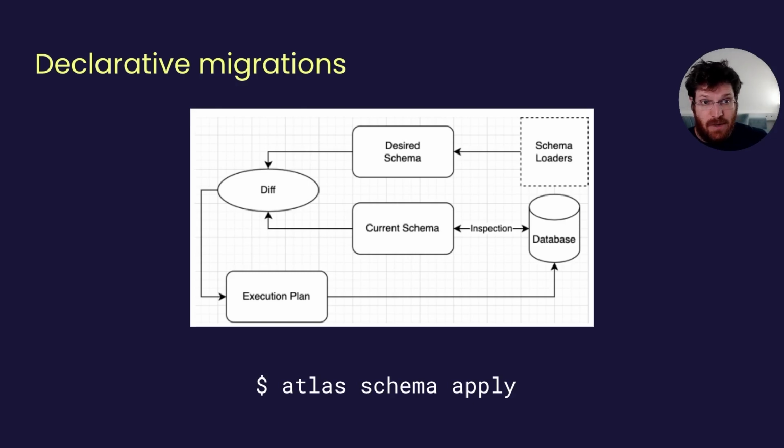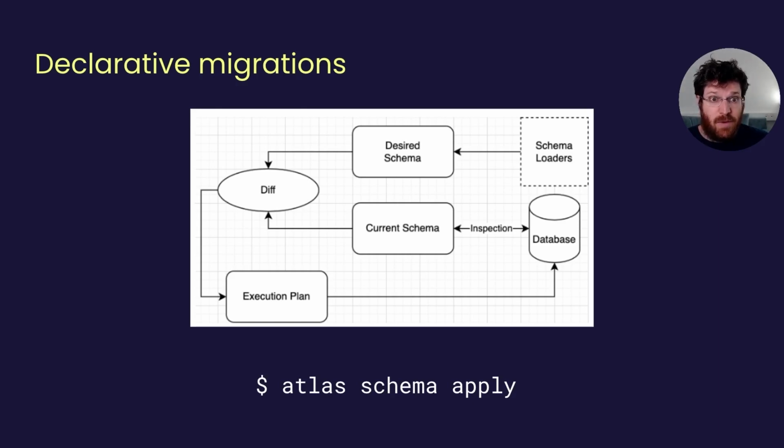It can be a connection to a running database that already has your desired schema. It can be a SQL file like we've shown, and it can also be code from your ORM directly read into Atlas.